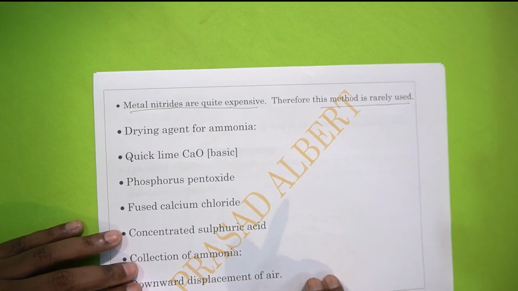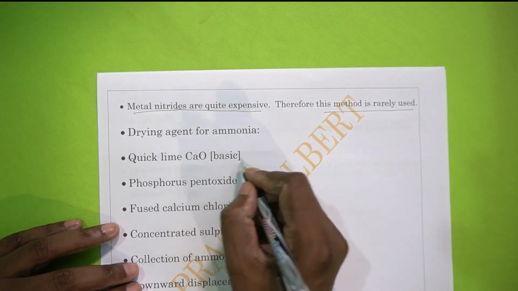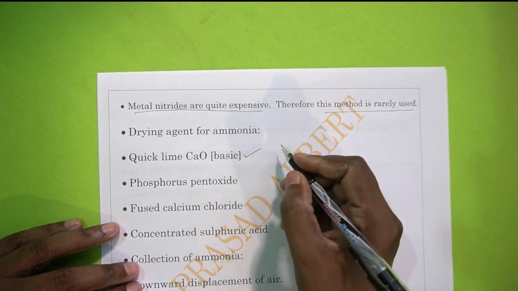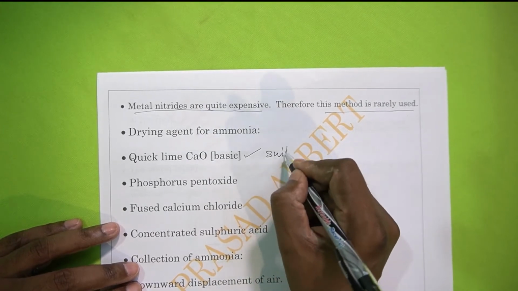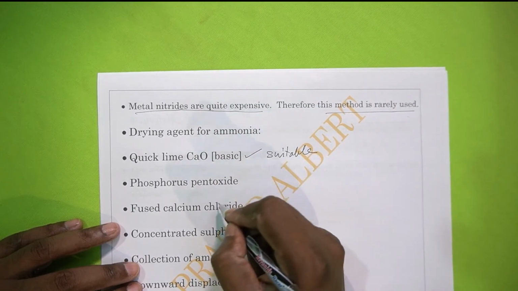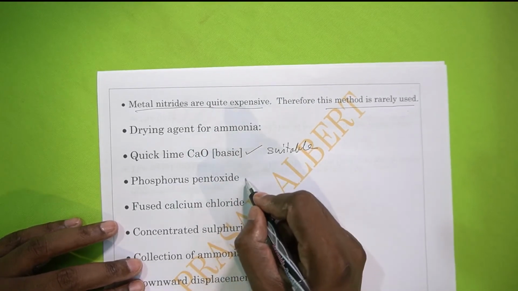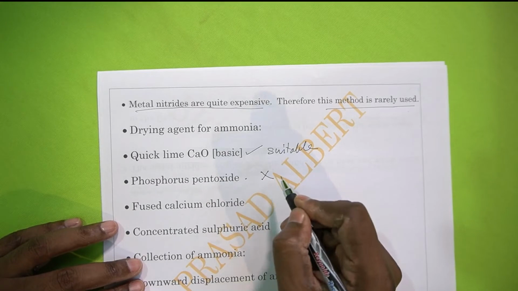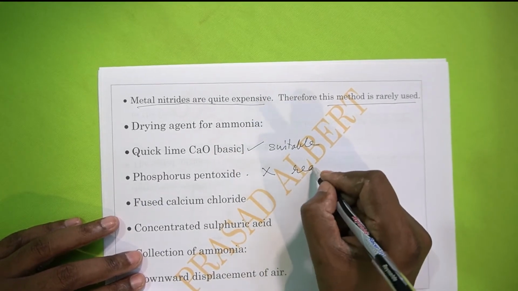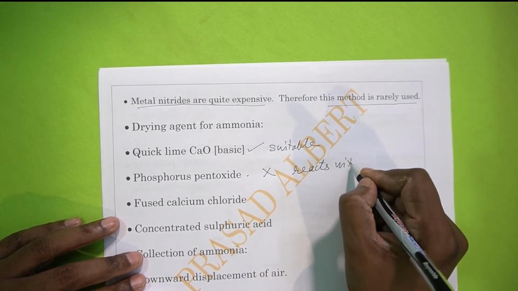Now the drying agent for ammonia: quicklime is a basic drying agent and it is suitable for ammonia. Phosphorus pentoxide cannot be used because it reacts with ammonia.